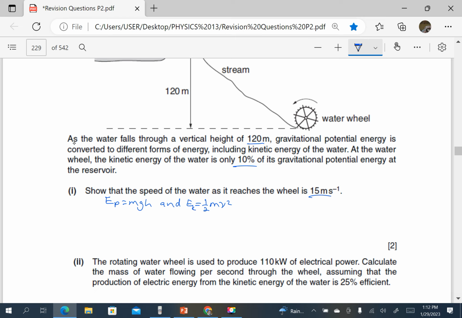So I will say 10% of mgh is equal to kinetic energy, which is a half mv squared. So m cancels out. 10% is 0.1, so 0.1 times g, which is 9.81, times h, which is 120, is equal to a half times v squared.